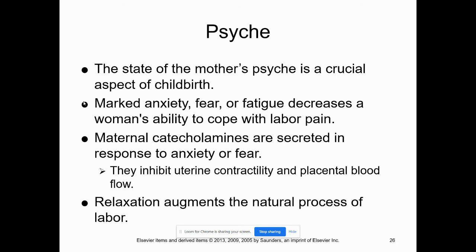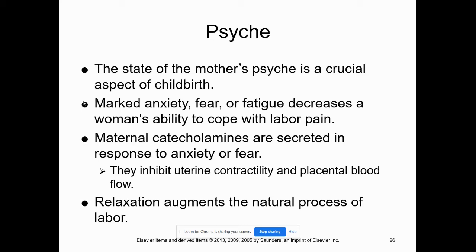So next we need to look at the other power called psyche, and just like it says, it's the state of the mother's mind or her psyche, which is a crucial aspect of childbirth. When the woman has anxiety or fear or fatigue, she's going to perceive more pain. She's going to have a lessened ability to cope with the pain and maybe just be too tired for all of this.